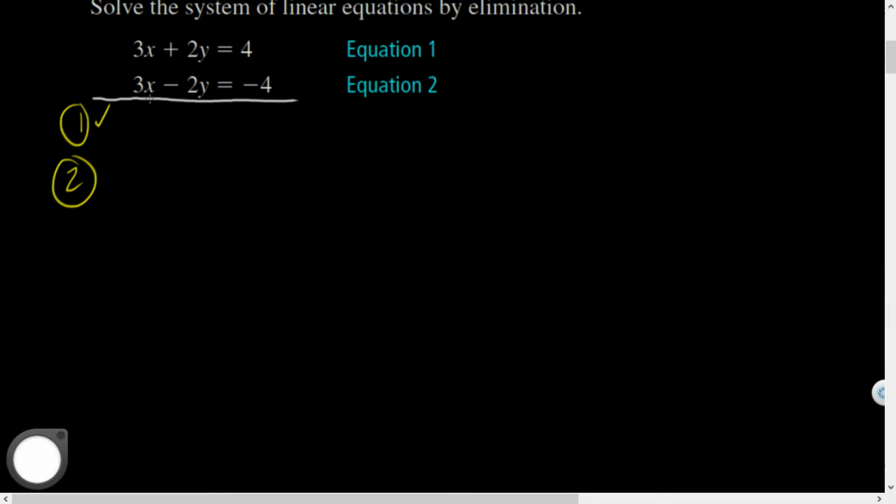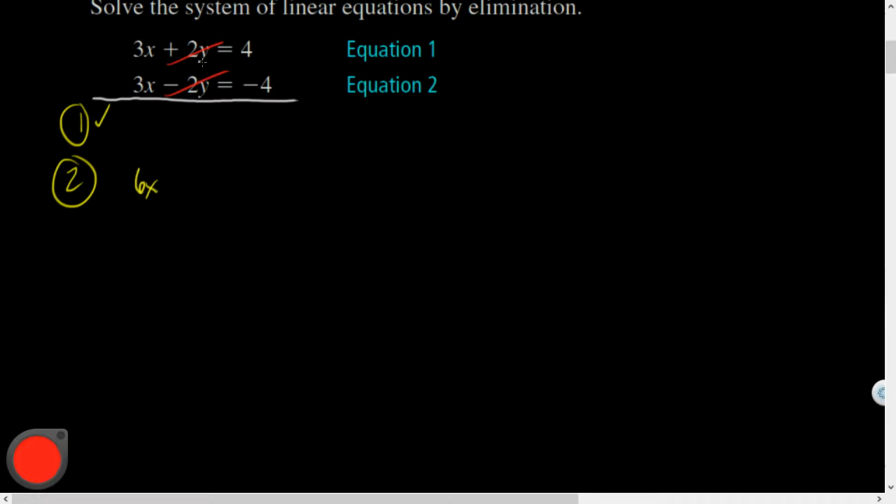3x plus 3x, what do I get? How many x's? Let's add these straight down. 3x plus 3x is 6x. All right, and check this out. 2y plus negative 2y is how many y's? It's 0 y's.